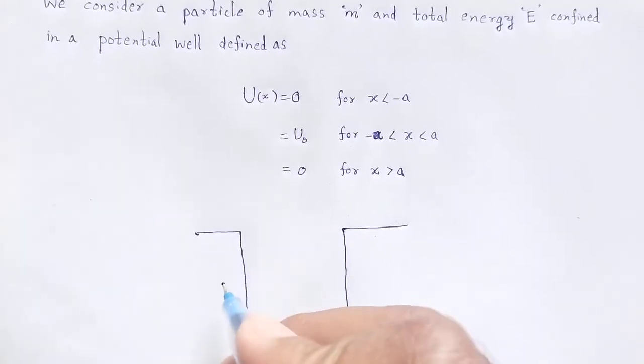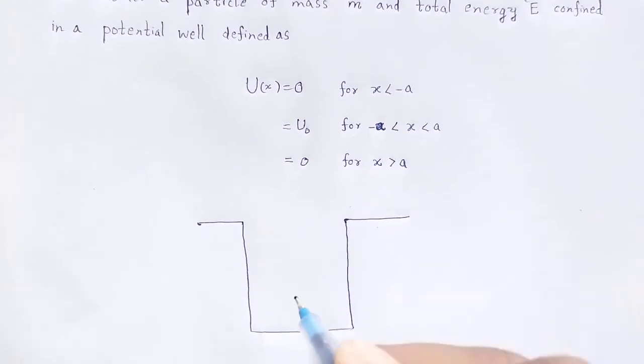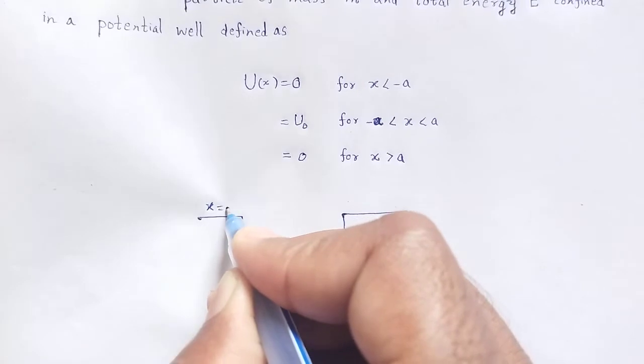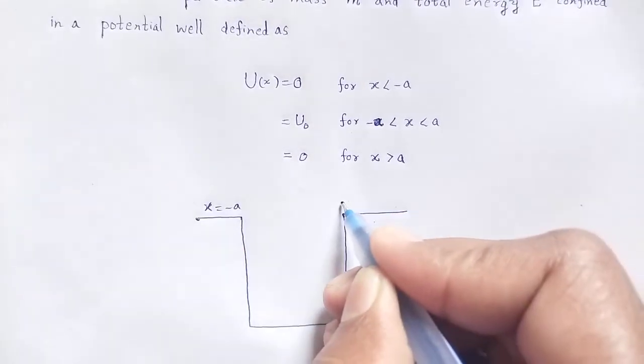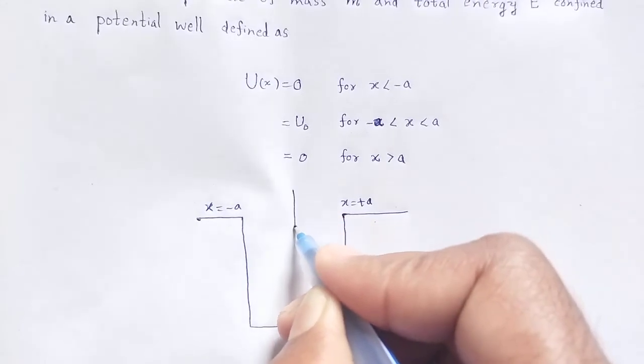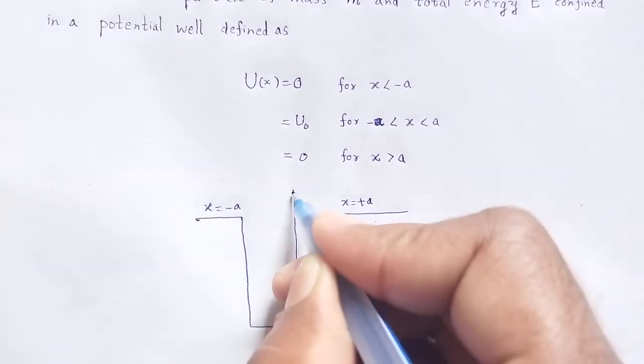1. Let me treat it as x is at minus a and x is at plus a, that is the potential axis.